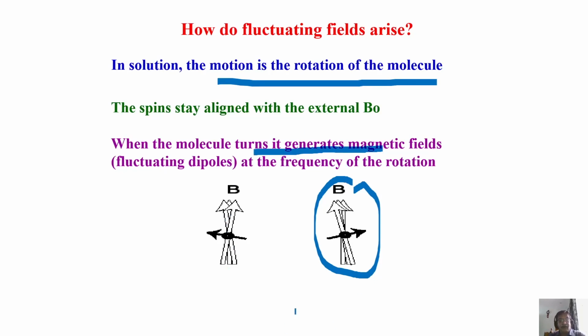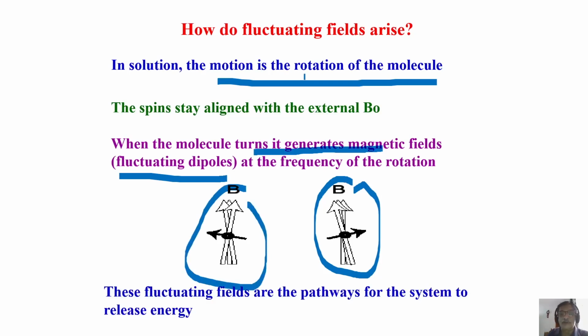And as a consequence, what happens? The small microscopic dipoles which are present give fluctuating magnetic fields. The fluctuating dipoles give magnetic fields, and that has a frequency. Okay. That rotational frequency defines this spectral density and everything.